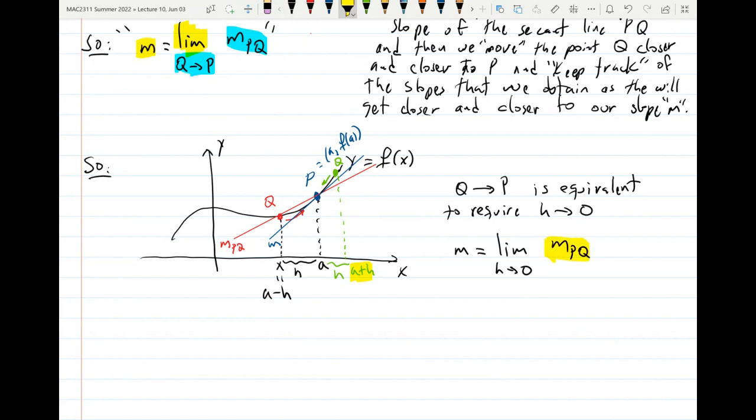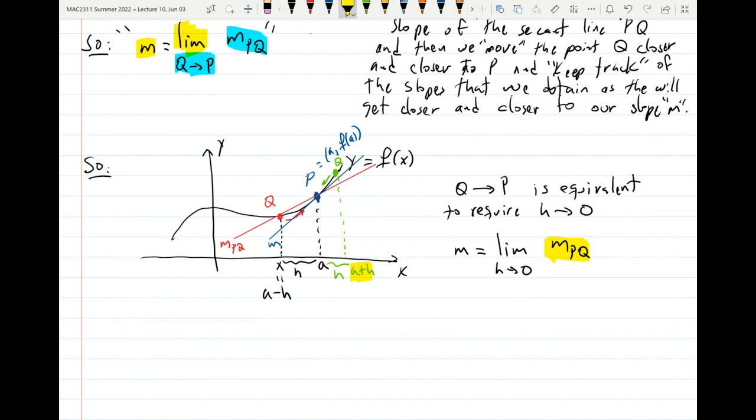So how do we talk about the slope of the line PQ? And then, of course, instead of P and Q, we want to have terms that include h, because after all, this limit will be as h approaches zero. Well, remember that in college algebra, you studied the notion of the average rate of change of a function.